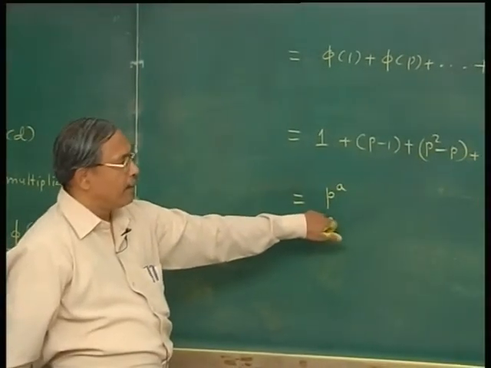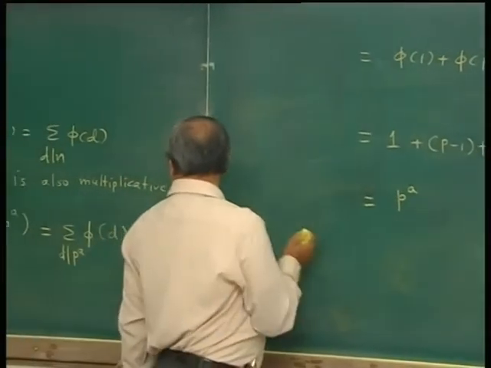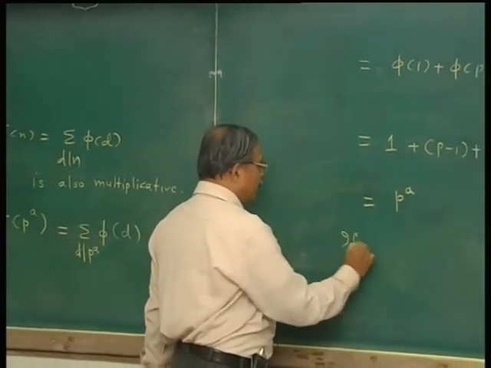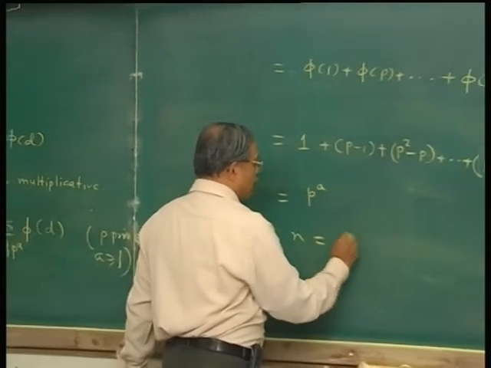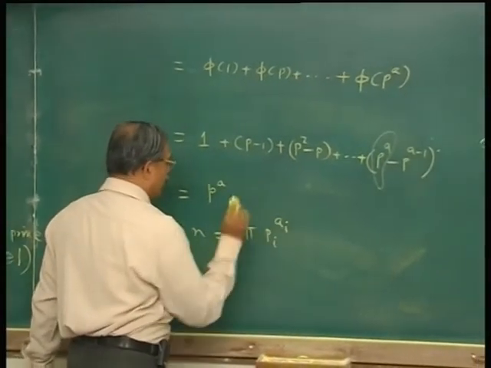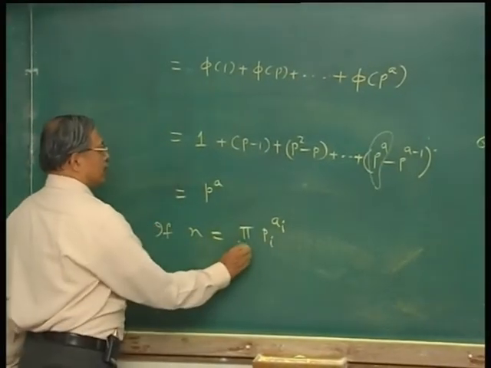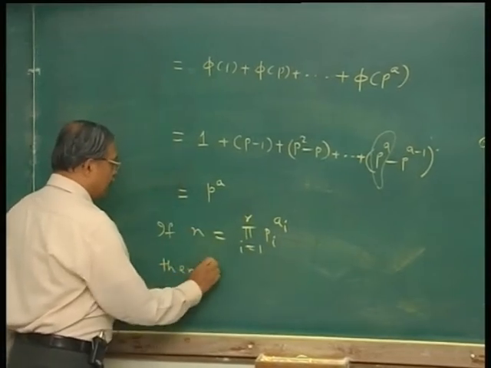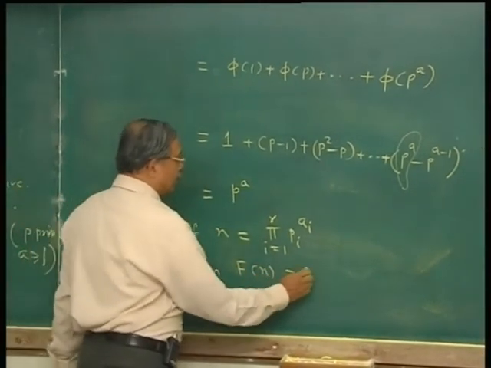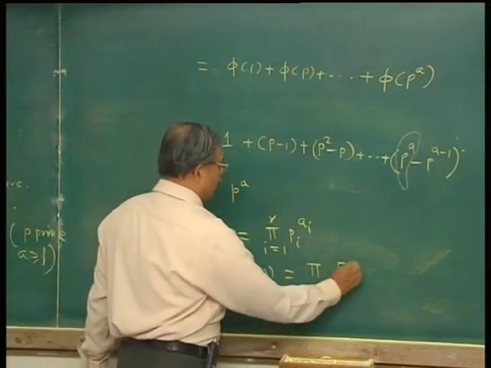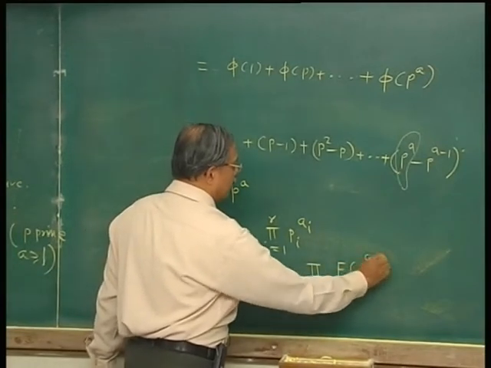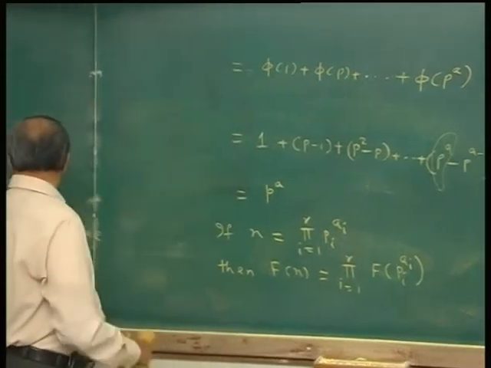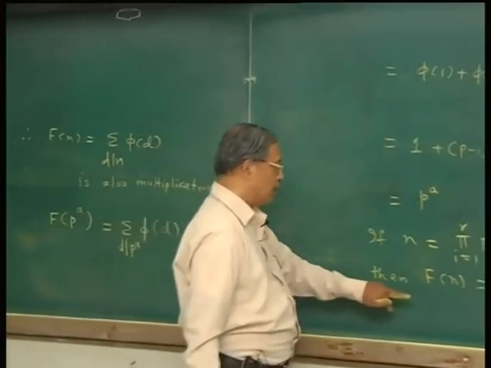And therefore, if you write down this n as product p_i raised to a_i, i equal to 1 to r, canonical factorization, then F of n equals product of F of p_i raised to a_i, i equal to 1 to r, because capital F is multiplicative.